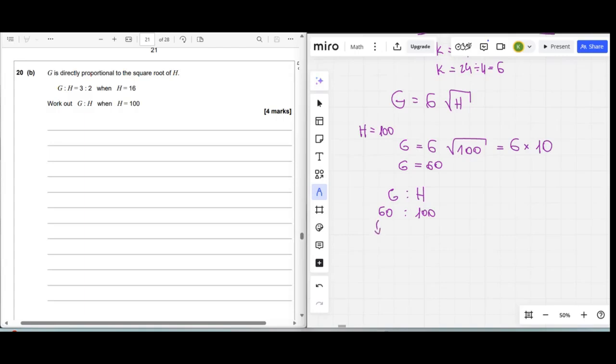So we can divide by 10: 6 to 10, and then divide further by 2, which is 3 to 5. And that's our ratio.